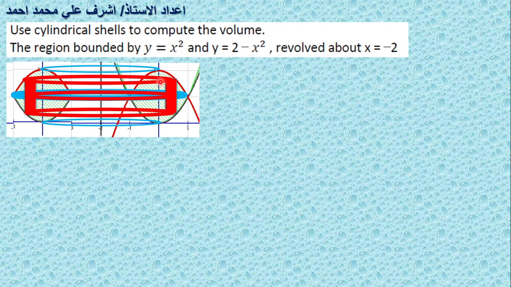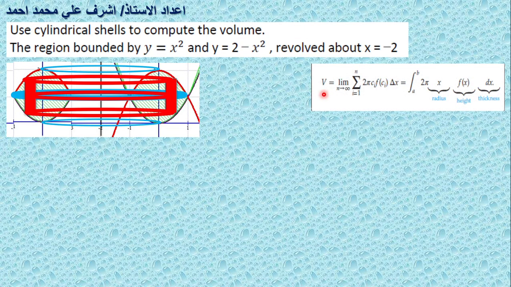R here is x, the distance between this red part and the y axis, plus 2, this distance.